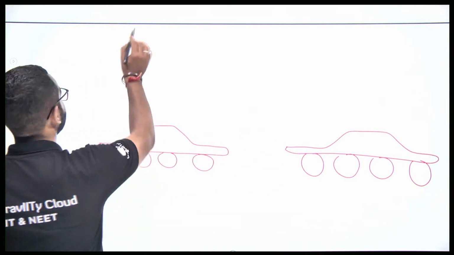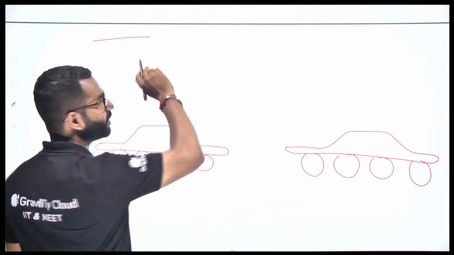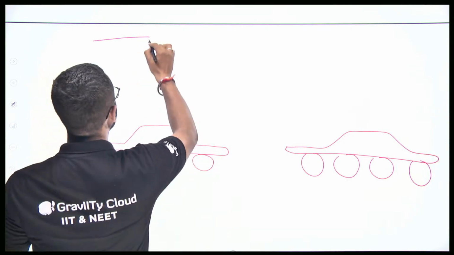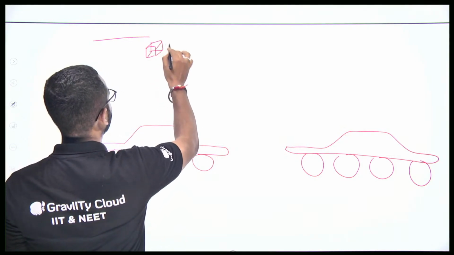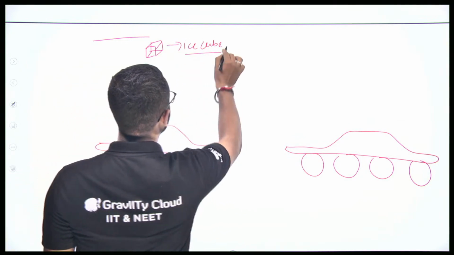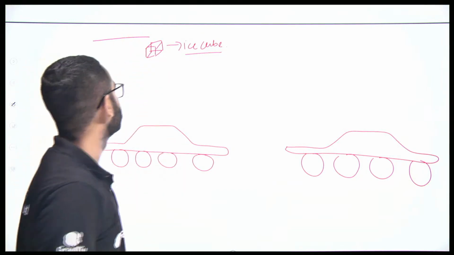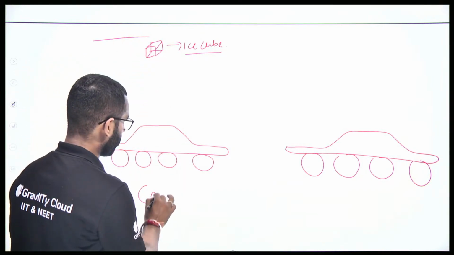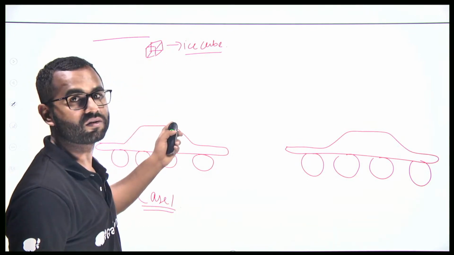Now suppose from this height you throw an ice cube. This is the ice cube. From this height, you throw the ice cube. This is case 1. This is the first case, when from that height you throw the ice cube.